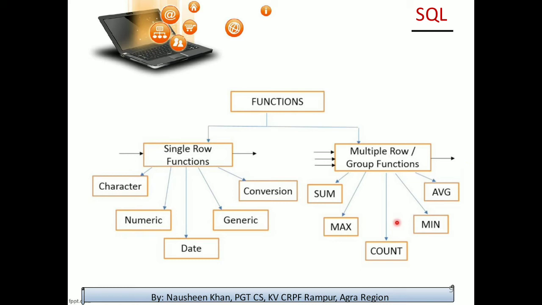So, the examples of single row functions are character, numeric, date, generic and conversion functions. Now, the examples of multiple row or group functions are sum, max, count, min, average.